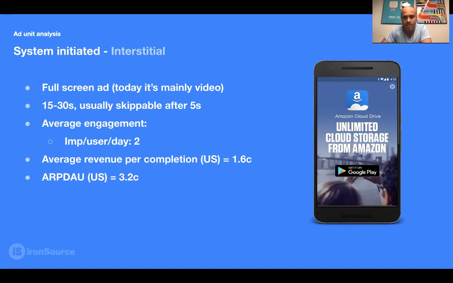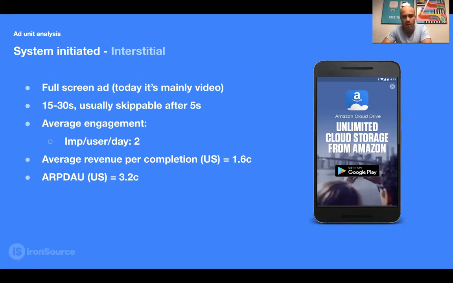Average engagement here is two impressions per user per day. Unlike rewarded ads, we are not monitoring engagement rate and usage rate because, unlike rewarded ads, you are not building a strategy to make the user decide to watch ads. You can just make the decision: how many ads do you want to show and when?